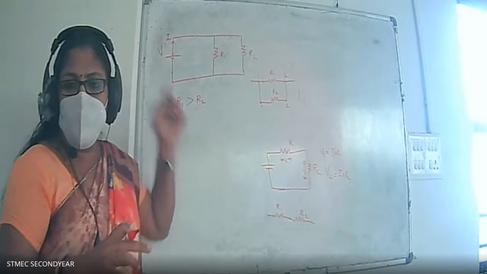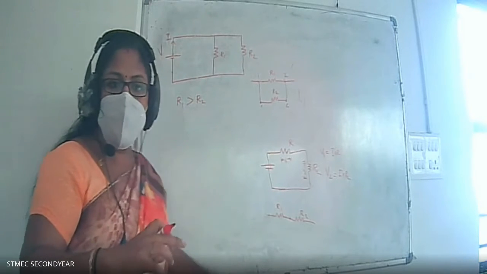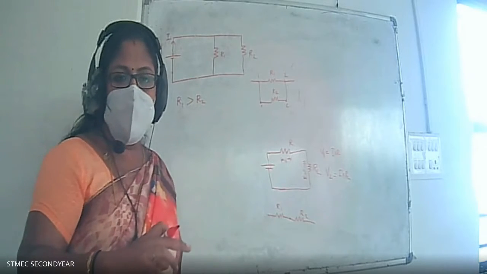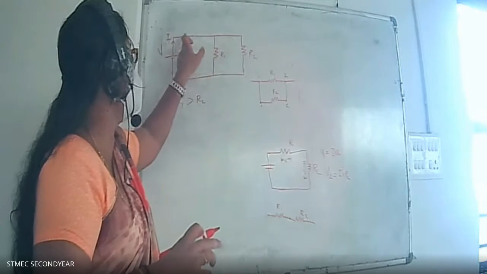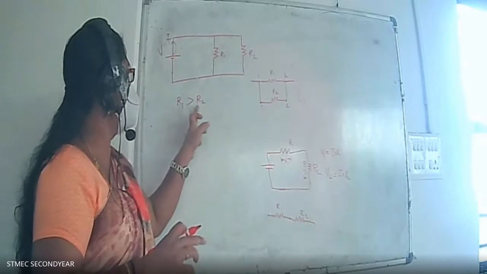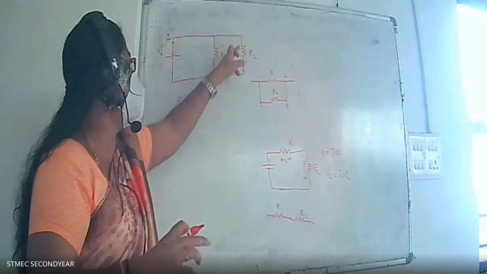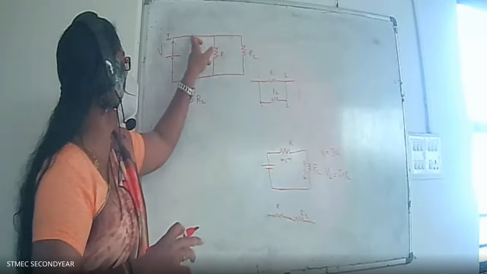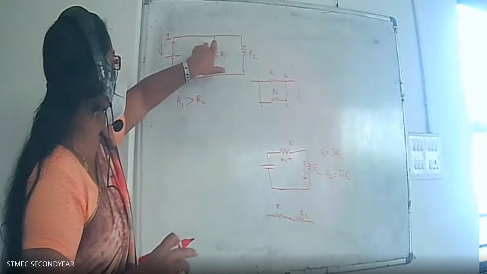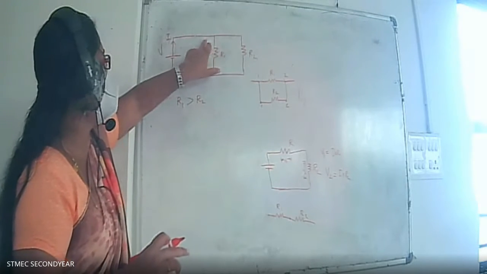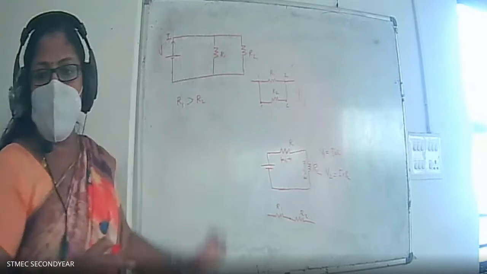Can you say? Tell me the answer. Jyotish, see. Which path offers low resistance to I? Suppose R1 is greater than R2. Current will be flowing through this path and it will be split into this path. So which path offers low resistance to this current?